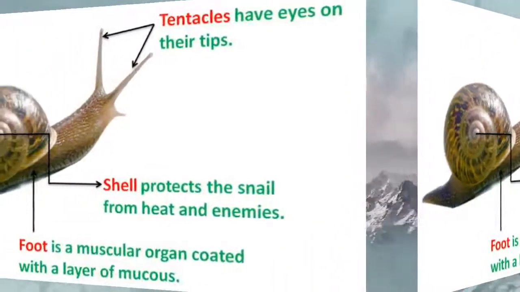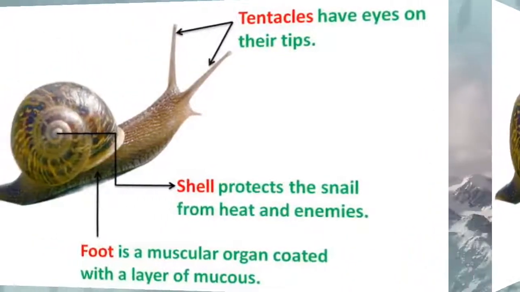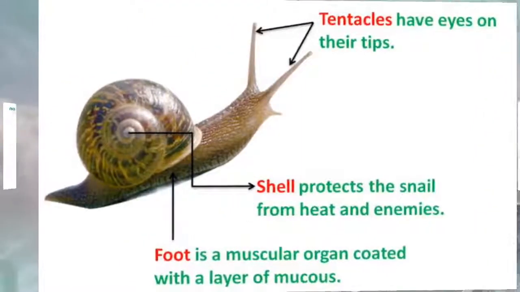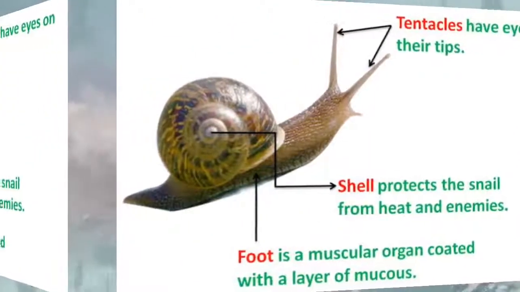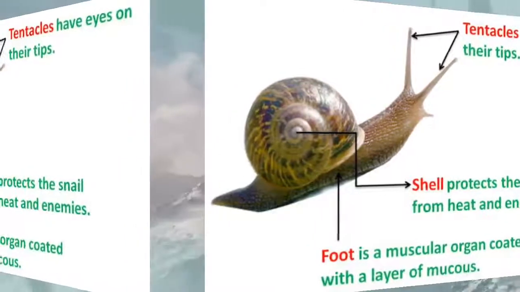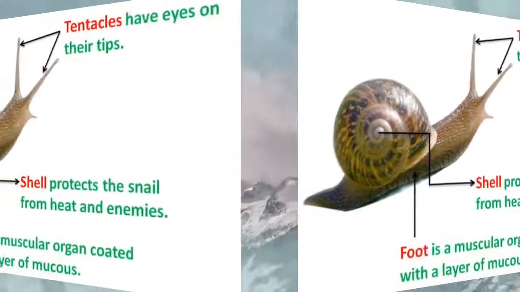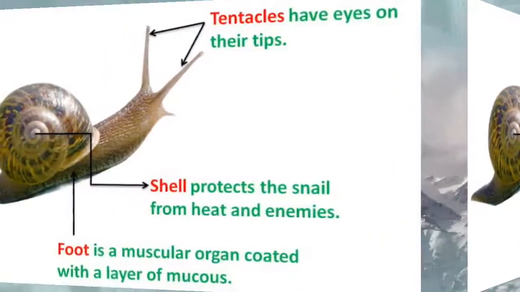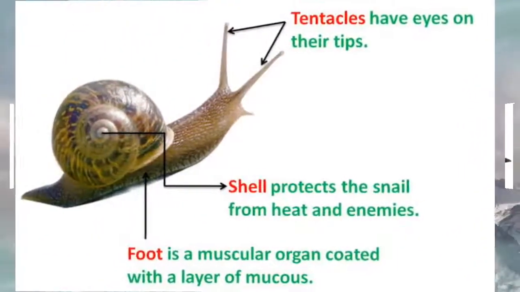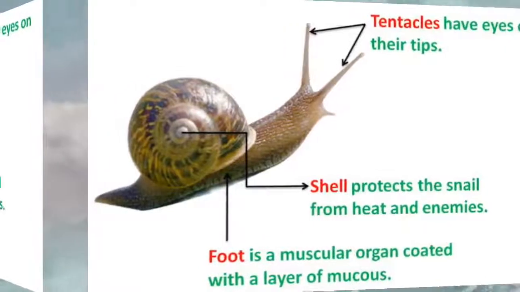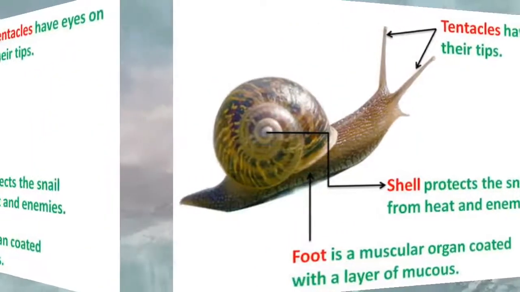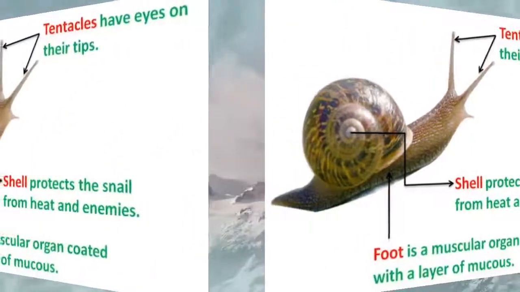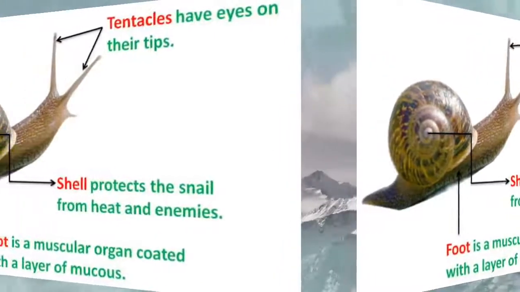I repeat again, the shell is the outer skeleton, but it is not made up of bones. They also have a pair of tentacles that bear eyes at the tip. Snail moves by using a muscular organ called the foot. The foot produces a slimy substance called mucus.